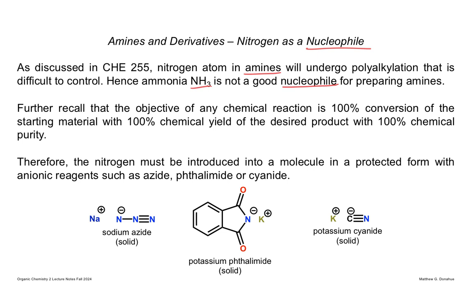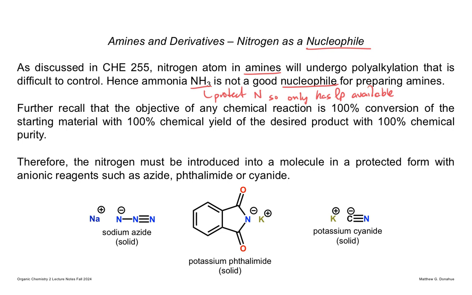So basically what we have to do is protect the nitrogen, so it only has the lone pair available. We don't want all these other hydrogens on it, because that's going to lead to other reactions.